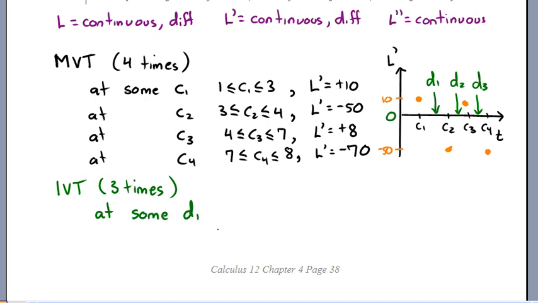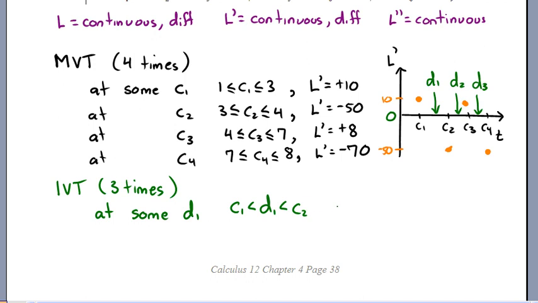So this is fair. I could say, hey, at some D1 that's stuck in between C1 and C2. So C1 less than or equal to D1 less than or equal to C2. Actually, it wouldn't even be equal. It's got to be strict inequalities here, because at C1 I know that the slope for L was 10, right? And then the slope for L was negative 50. So it's not at those moments. It's in between.